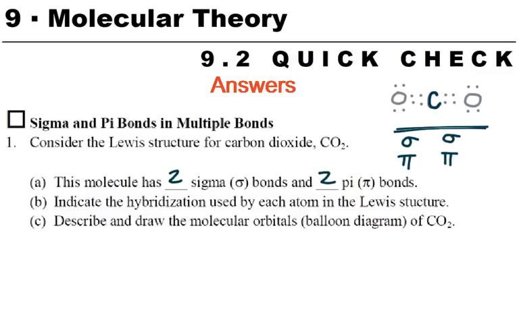So indicate the hybridization used by each atom. Okay, well, if we look at this, we can see that that carbon has a steric number of 2: 2 bonded atoms, no lone pairs. So that's going to be an sp hybridization. And each of the oxygens has 1 bonded atom, the bond to the carbon, and 2 lone pairs. So they're going to be steric number of 3, so they're sp2.